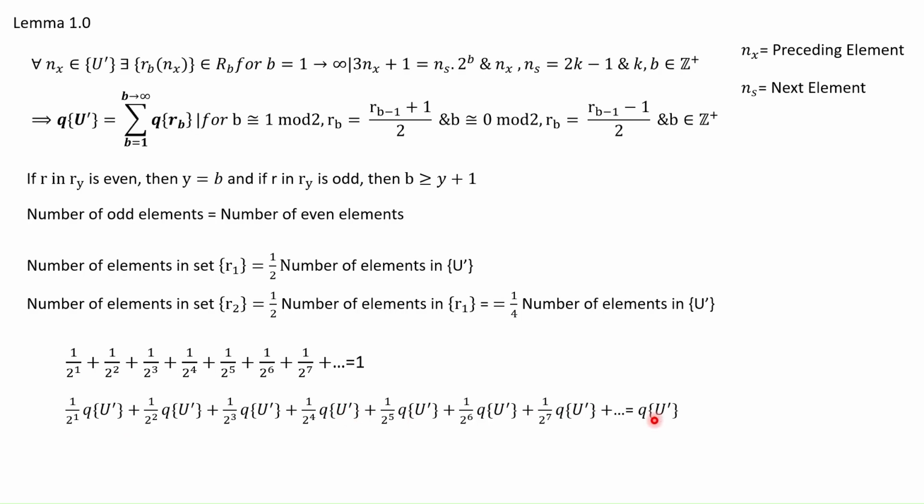Again, in terms of U prime, we have all these values, and this is actually equal to U prime. So this basically tells us that none of the elements of the set U prime is not represented in any of these RBs. So if you consider all the RBs, the sum of all the possible RBs is equal to the sum of all the elements of U prime.